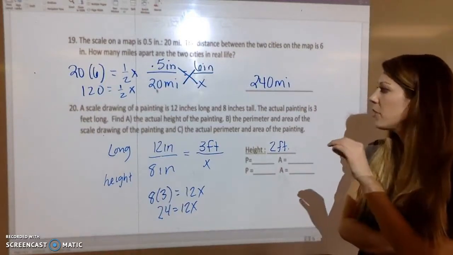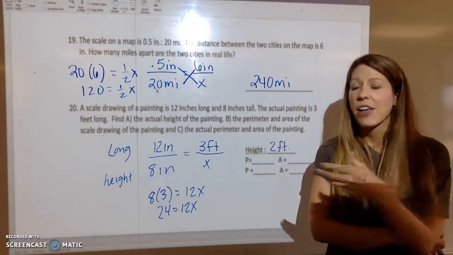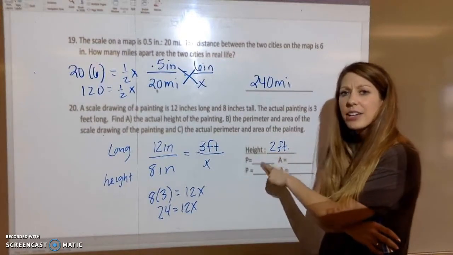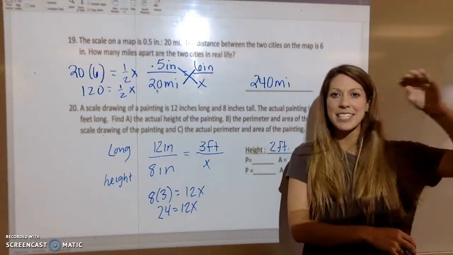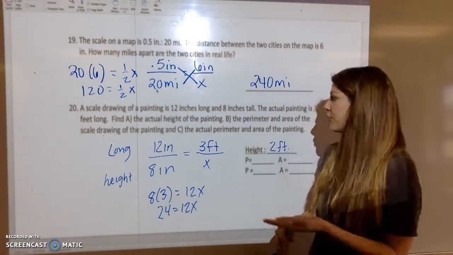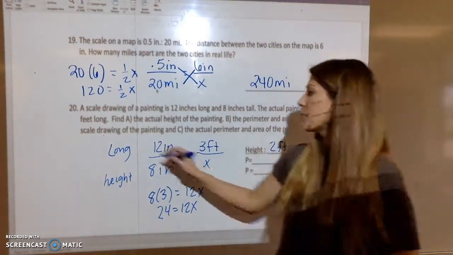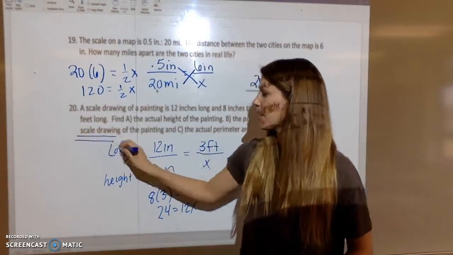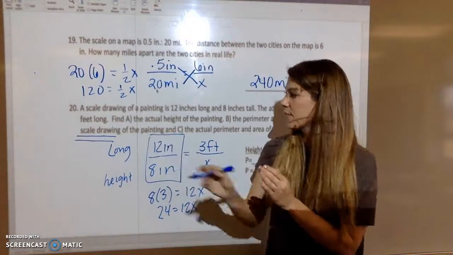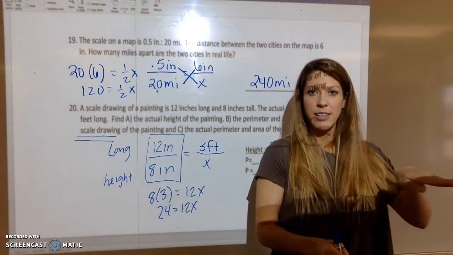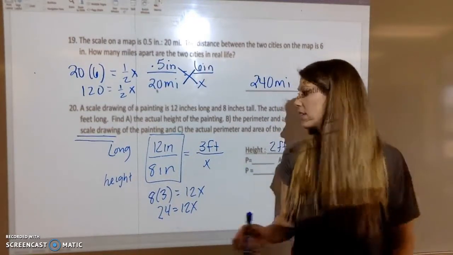All right, so then we spice it up a little bit more. Now, if you know the height, and you know the length, then we can find perimeter and area. Remember, perimeter means the distance around. So first we're finding the perimeter and area of the scale drawing. So that's the smaller one. So that's the 12 inches and 8 inches. So it's 12 inches long, 8 inches tall. So let's draw a rectangle.